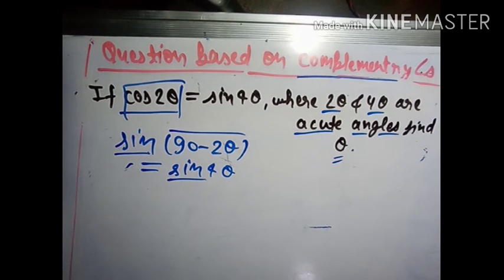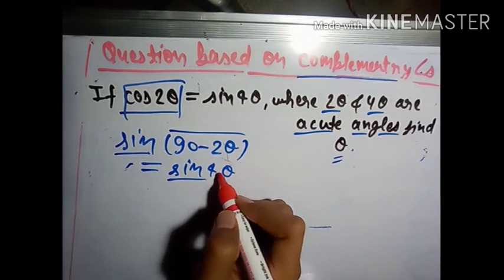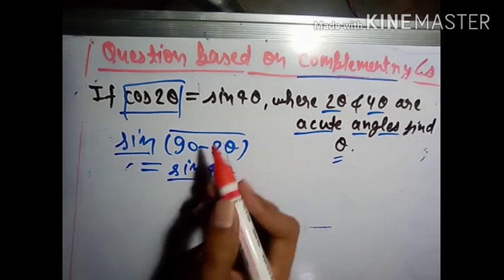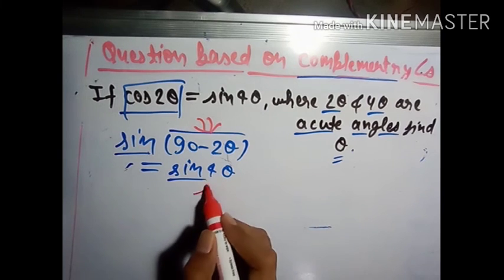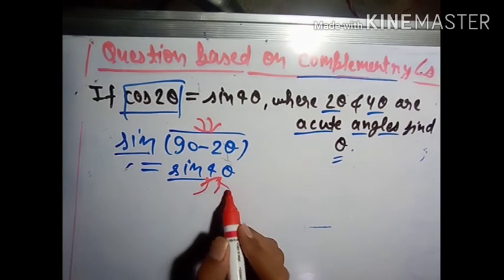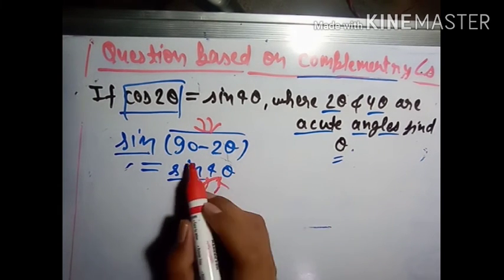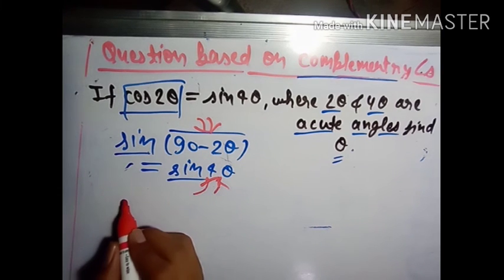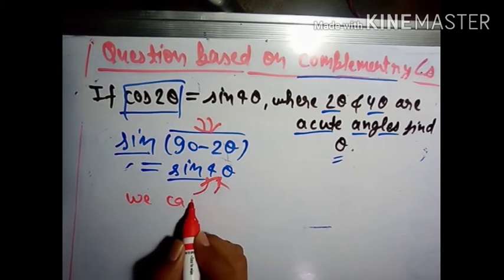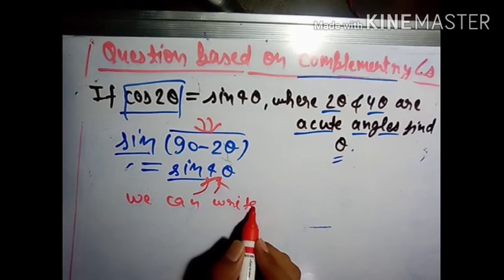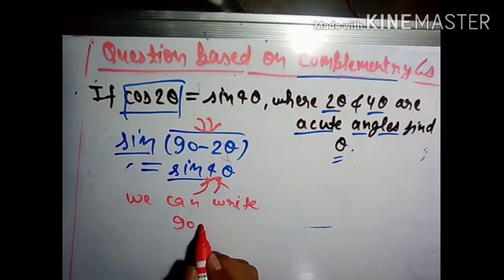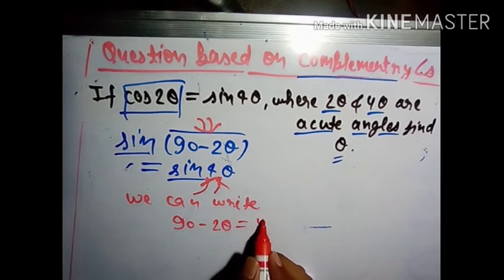I am changing the color of the pen. The logic is their angles must be the same. If the function is the same and the output is the same, then the input will also be the same. Okay, this is the logic. So from here we can write 90 minus 2 theta is equal to 4 theta.